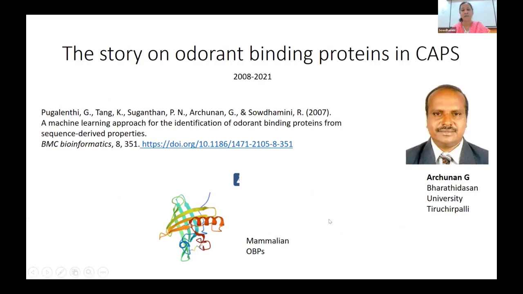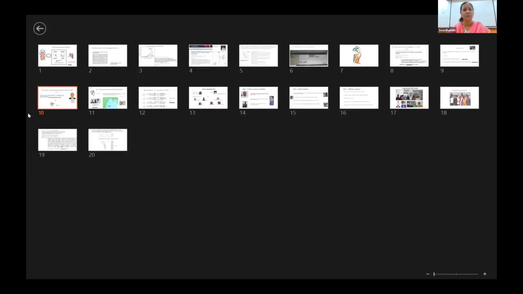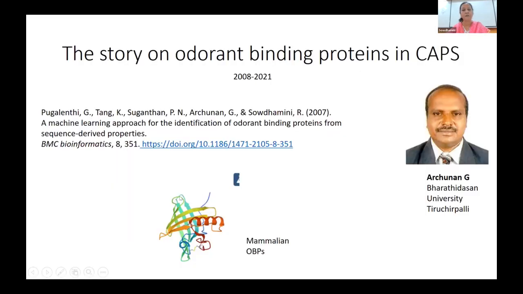In the mammalian genomes, this is performed by the structure shown here. The reason I have put up this picture of Professor Archunan of Bharathidasan University is because we collaborated a great deal with him.